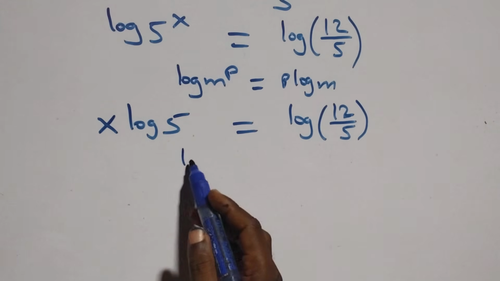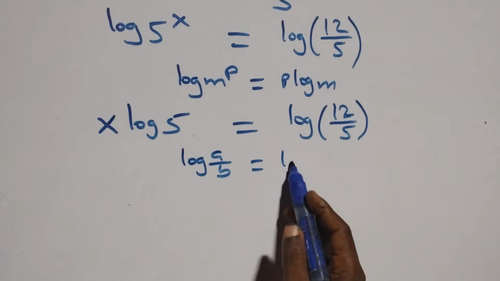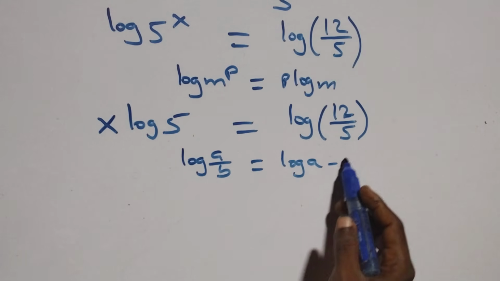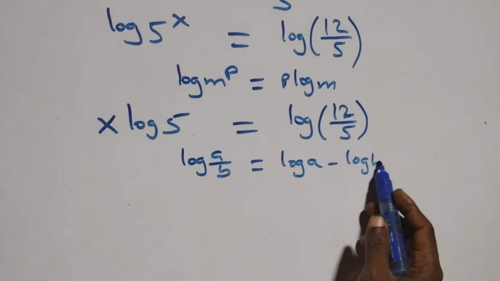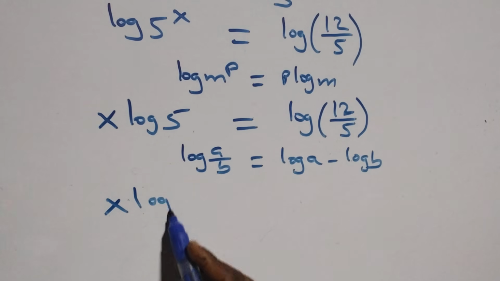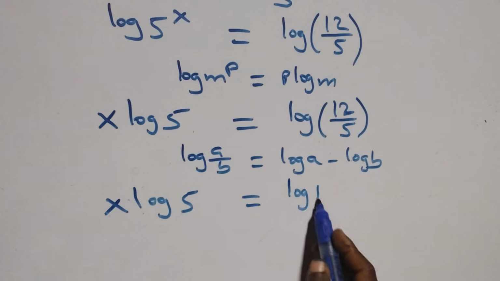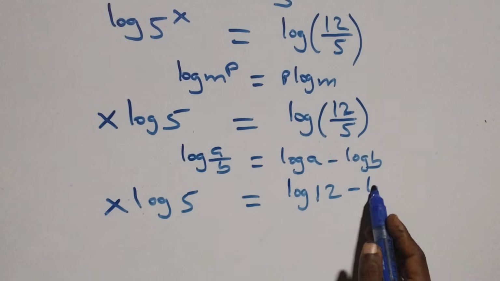This follows when we have log a over b. This is the same thing as log a minus log b. This here we have x log 5 equals log 12 minus log 5.